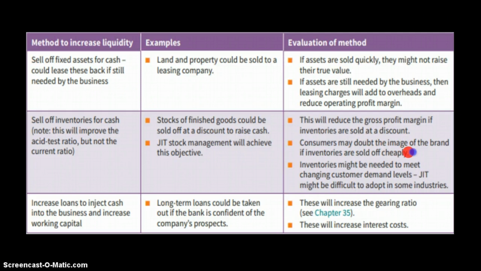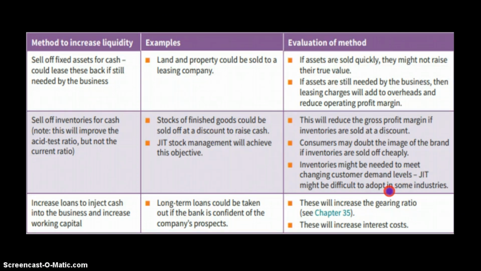Consumers may doubt the image of the brand if the inventories are sold off cheaply. If you're providing your stuff at a discount, then of course consumers will be like, why are they giving so much discount? It was so expensive before. Why are they selling them off so cheaply? Their customer perception will be damaged. Inventories might be needed to meet changing consumer demand levels.